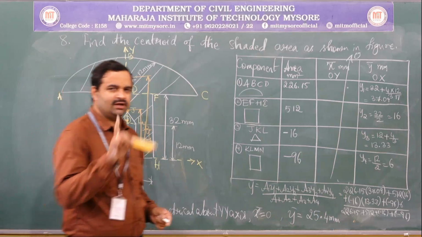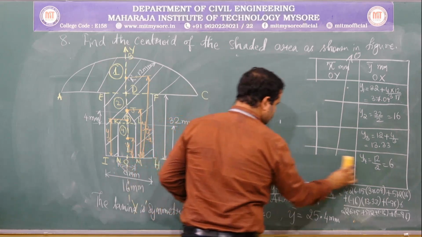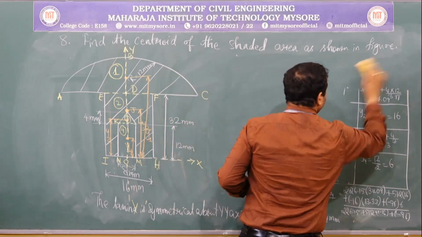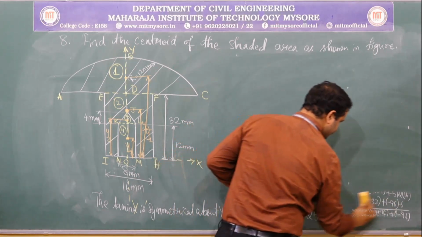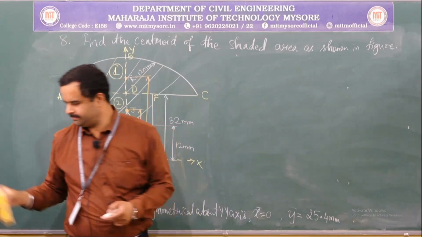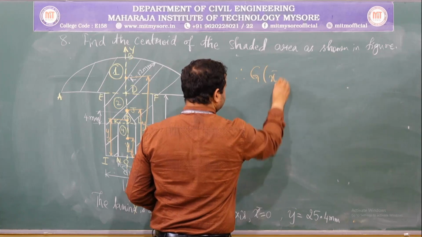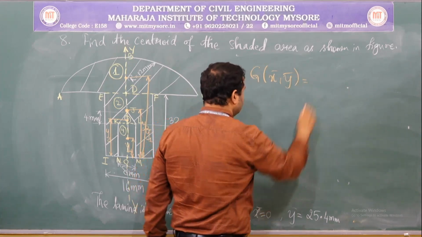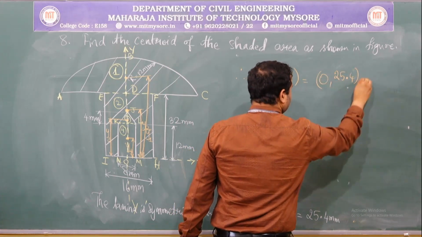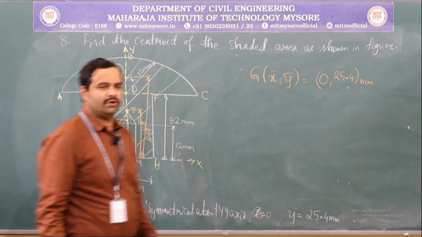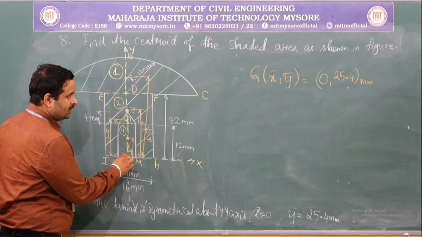So, we are left out with the last step, that is the centroid of this lamina is equal to 0, 25.4 mm.